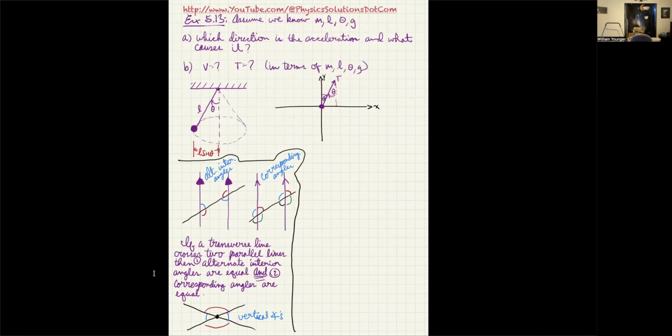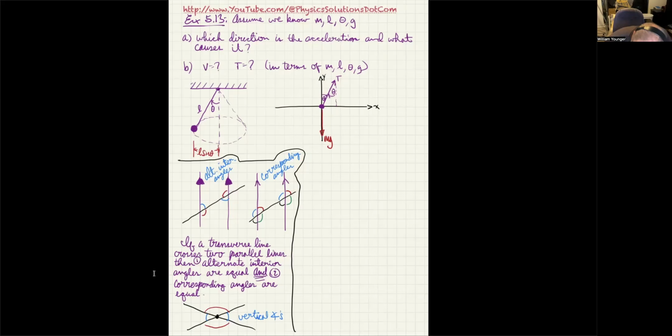Now, the other thing we have to realize is that the other force acting on this mass is the force of gravity, which acts downward, and that force is mg. Now, the force of tension is purple, specifically because it's not parallel to the x-axis or the y-axis.